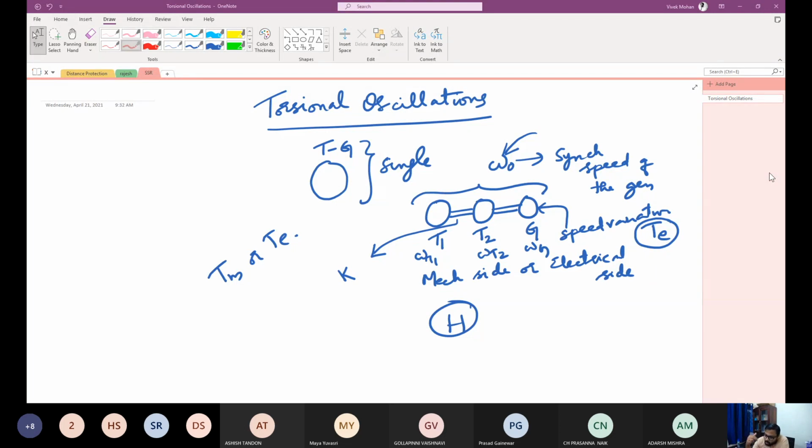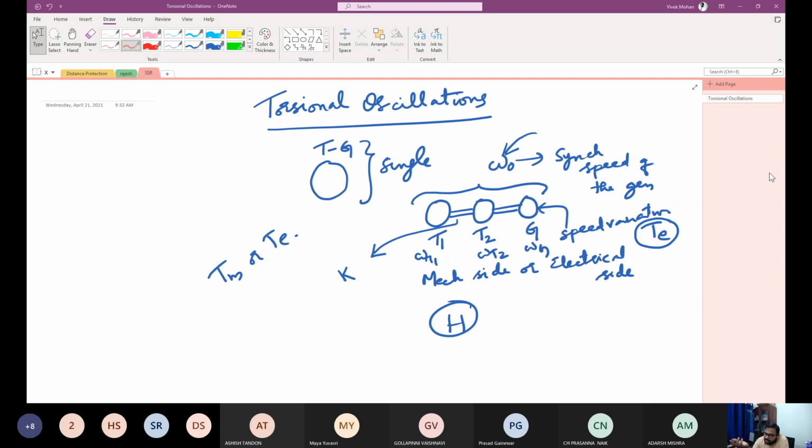Now, if the oscillations are damped out, we say that it's torsionally stable. Oscillations are damped out and all the masses are retaining a single speed. Then we call it a torsionally stable system, where the disturbance did not cause torsional instability.